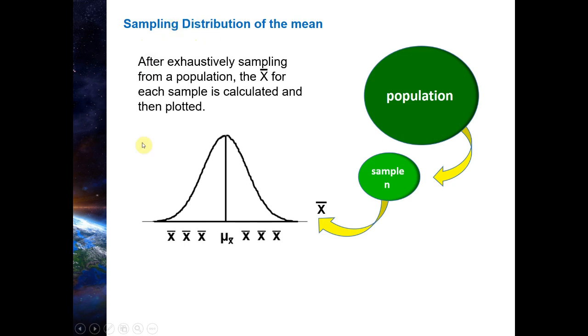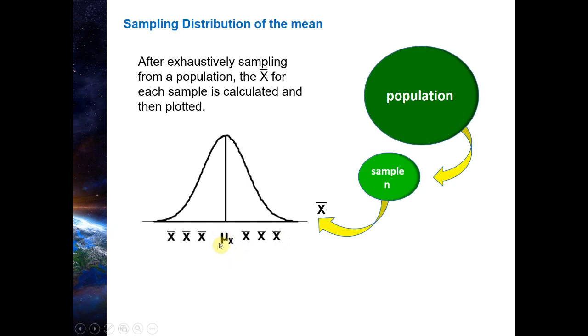Okay? Now, you might be wondering, why do I have mu x bar here? Well, remember, mu is the mean of the means. This little x bar is just reminding you that it's the mean of x bars. These are not scores on the x-axis. Remember, you're plotting x bars, you're plotting sample means. So this is a little reminder, all right?